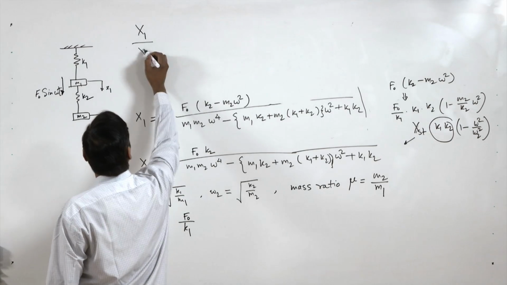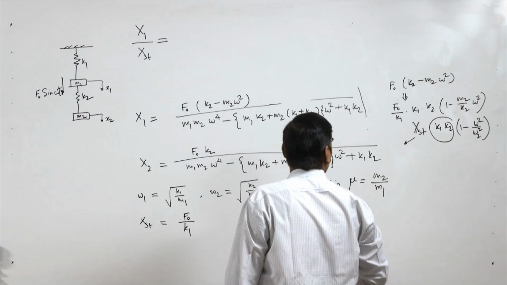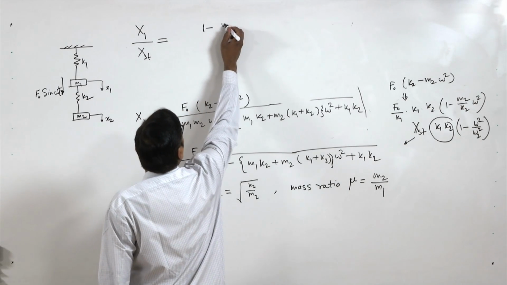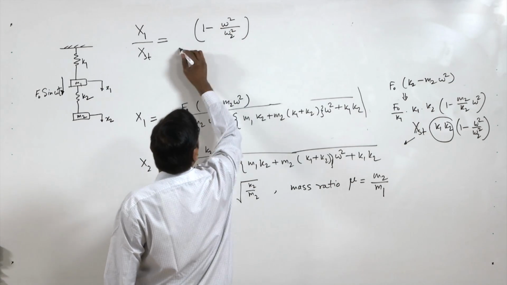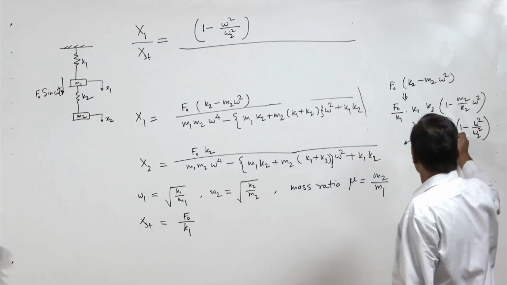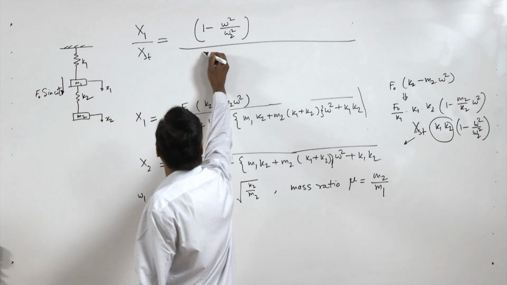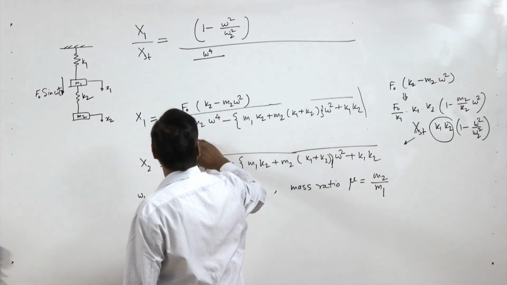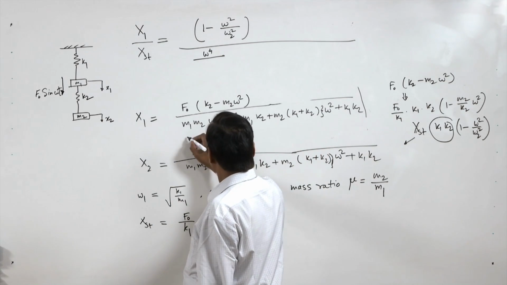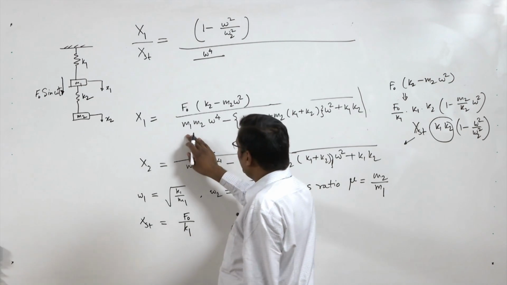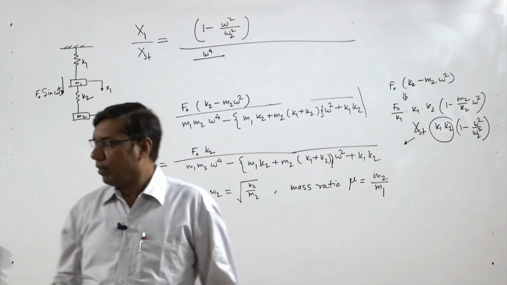So we will write x1 by x st equal to 1 minus omega square by omega 2 square, and k1 k2 will divide these denominator terms. So this is omega power 4, and if we divide by k1 k2, then k1 by m1 is omega 1 square and k2 by m2 is omega 2 square.